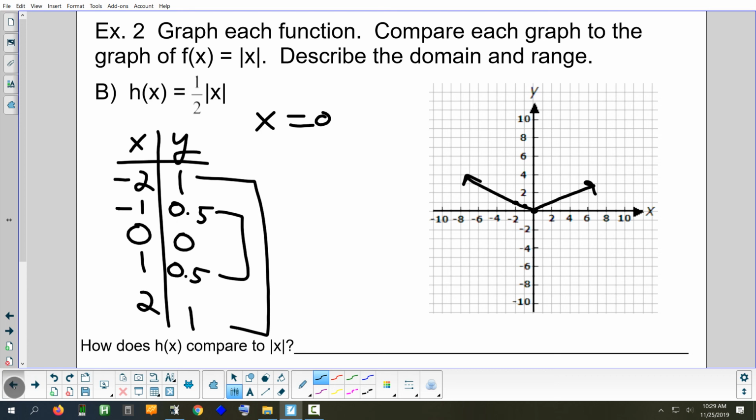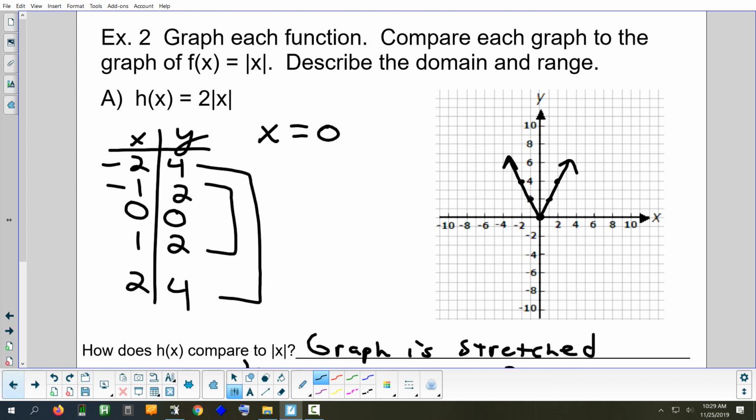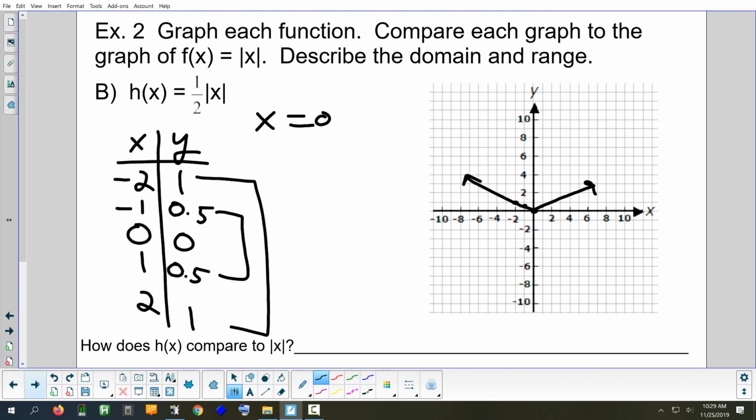Compare that V shape to the last one we just did. The last one was tall and skinny, and this one got wider. So look where the number is. The number is in front of the bars. Let's look at our chart.